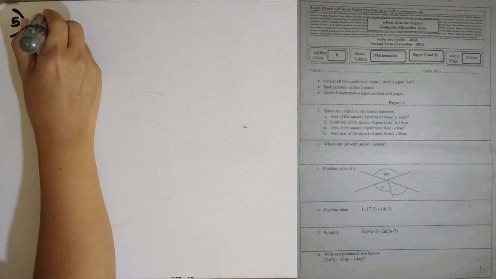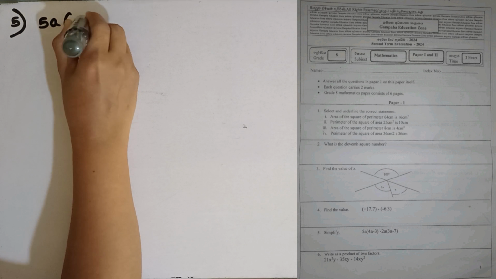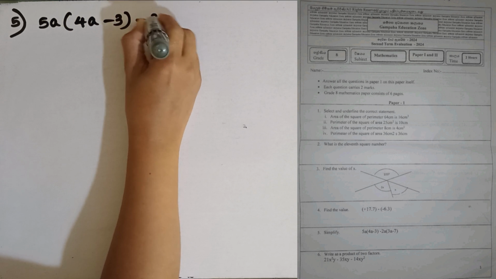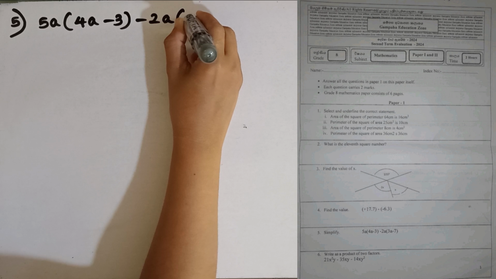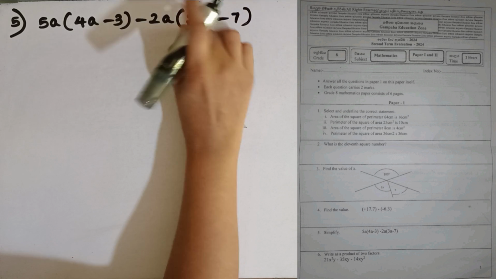Question number 5. We are given this to simplify: 5a times (4a minus 3) minus 2a times (3a minus 7).